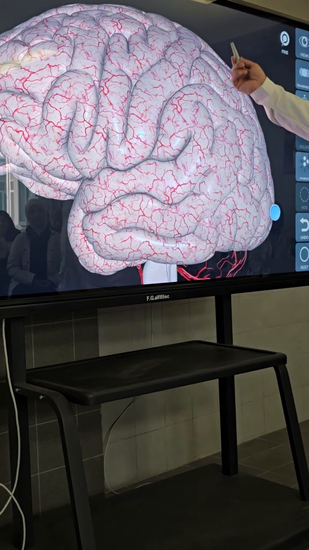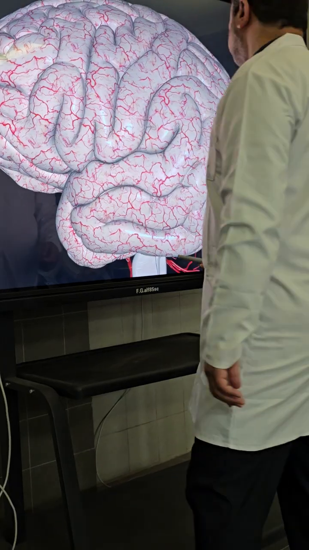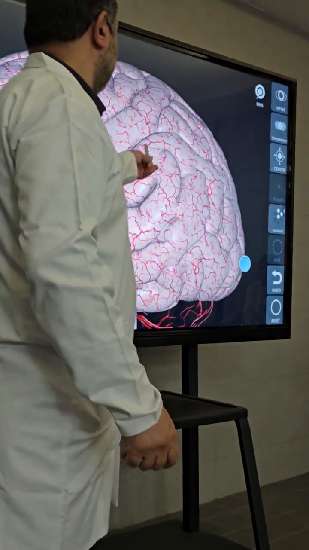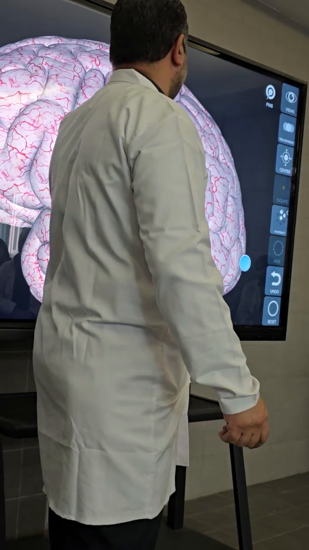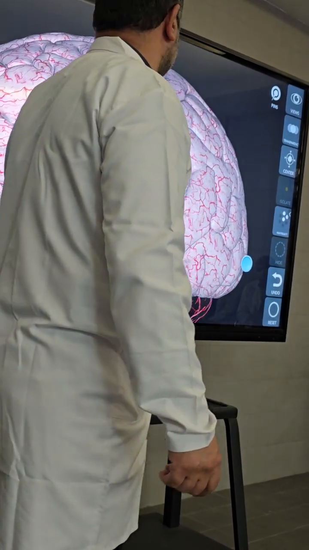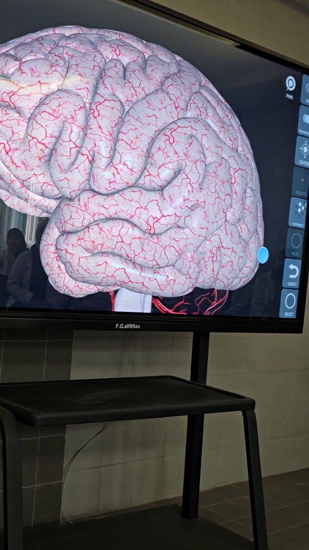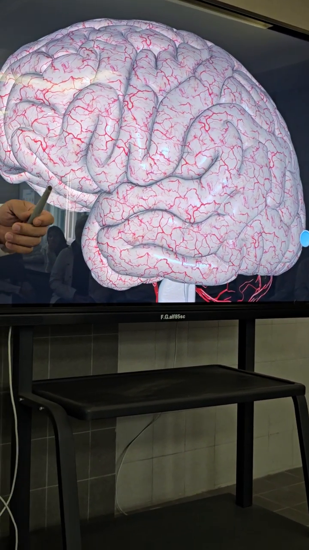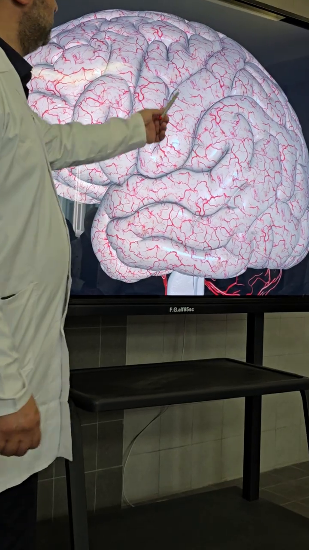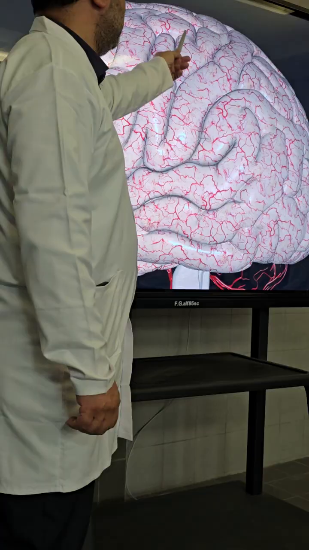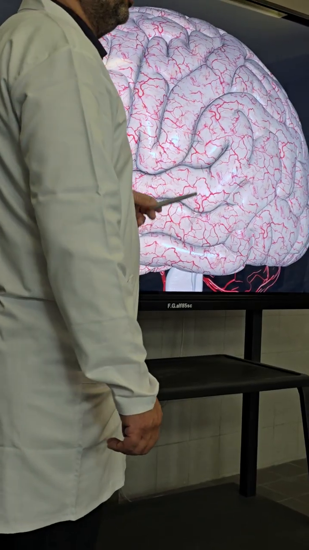This is the lateral surface of the cerebral hemisphere. Between the frontal and parietal lobes, there is the central sulcus, or Rolando's sulcus. Anterior to the central sulcus, there is the frontal lobe, and on the frontal lobe, parallel to the central sulcus, there is the precentral sulcus.